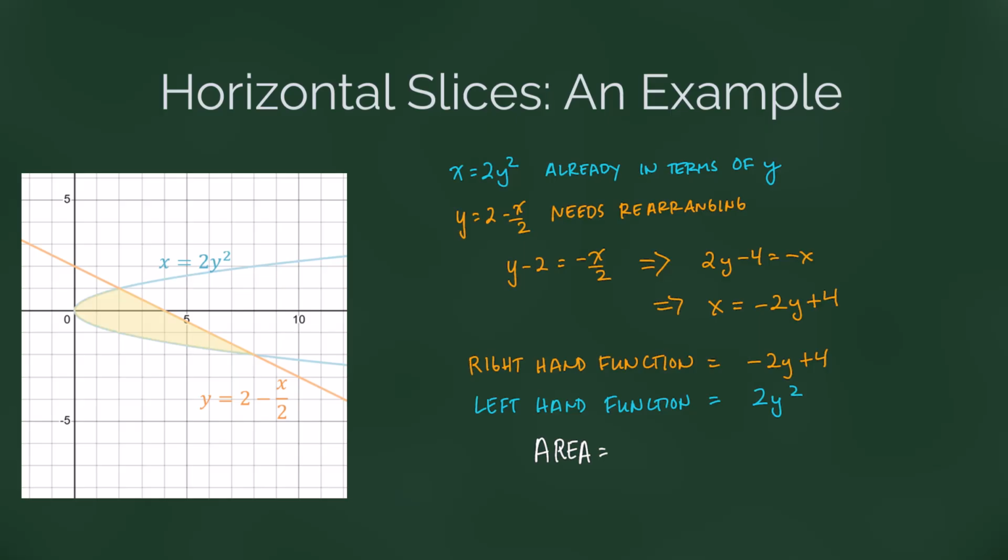Putting this together, we can see that our area is then going to be the integral from a to b of the right-hand function, -2y plus 4, minus the left-hand function, 2y squared, dy.